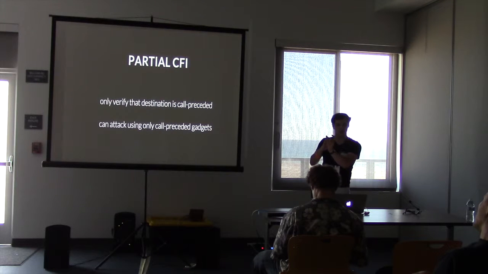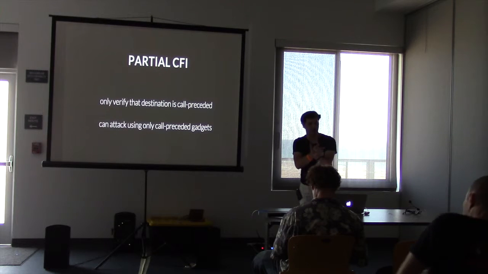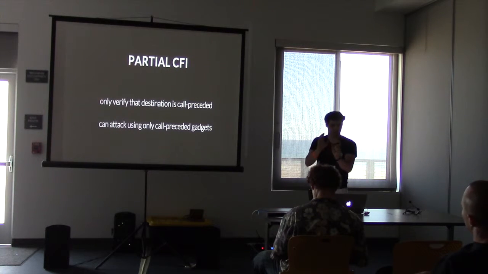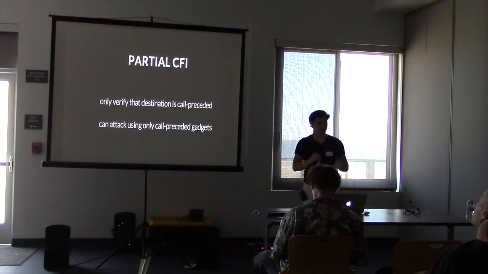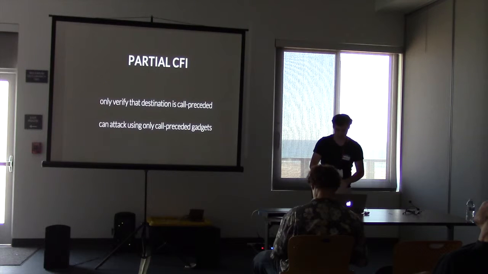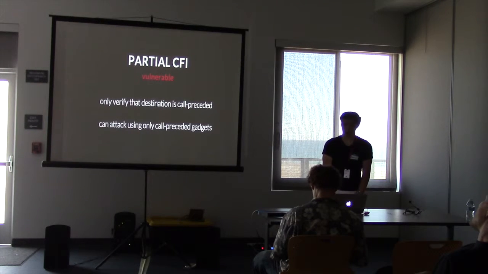So every time this partial CFI would check, hey, am I going to a place that was preceded by a call? Did I actually get a correct return address from the stack? The attacker can fool these systems and make them look like they're legitimate control flow transfers. So this doesn't work. We have to go back to full CFI with 20-some% overhead.